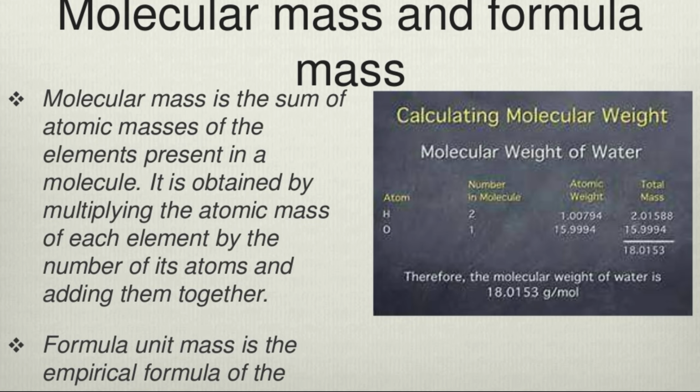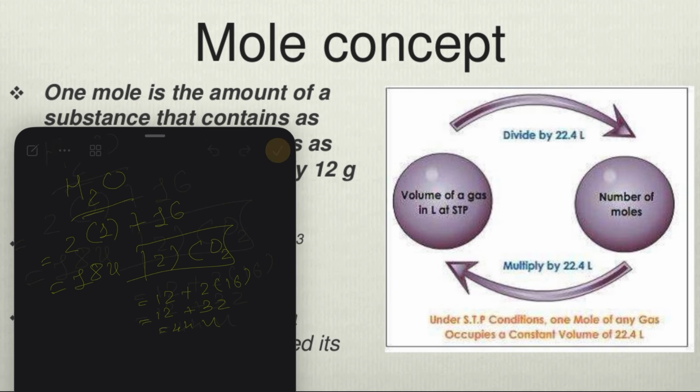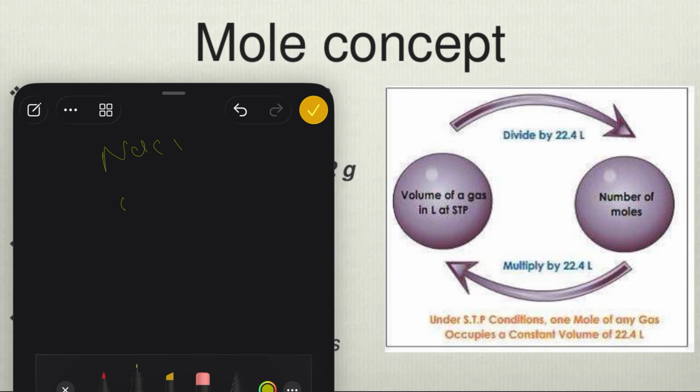Formula unit mass is the formula mass of the empirical formula. Formula mass is used for an ionic compound. For example, NaCl. In NaCl, sodium has 23 atomic mass and chlorine has 35.5.